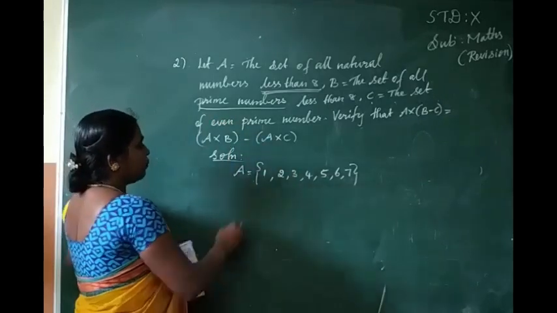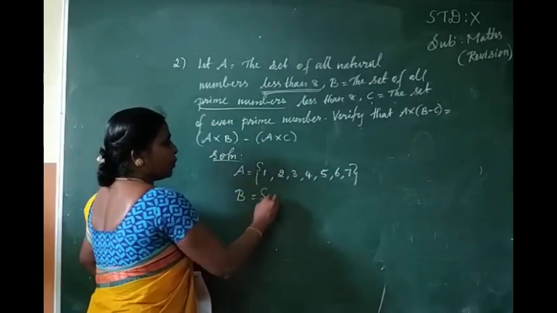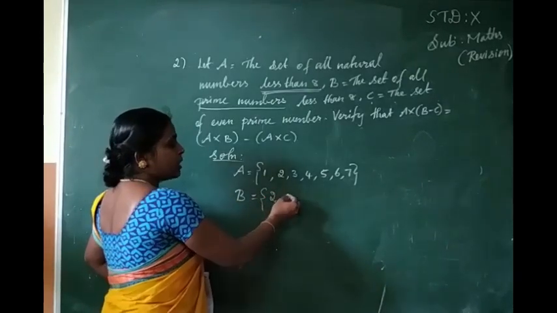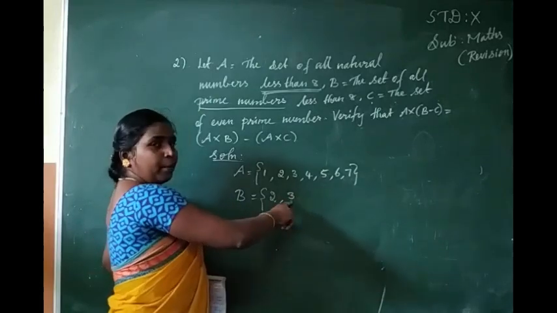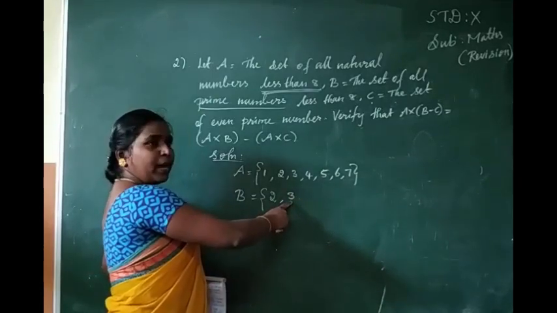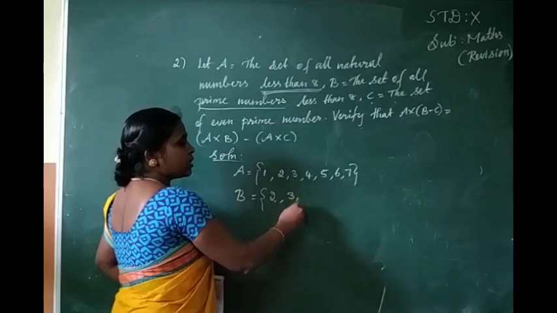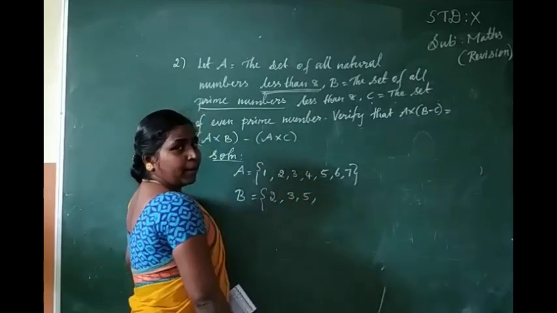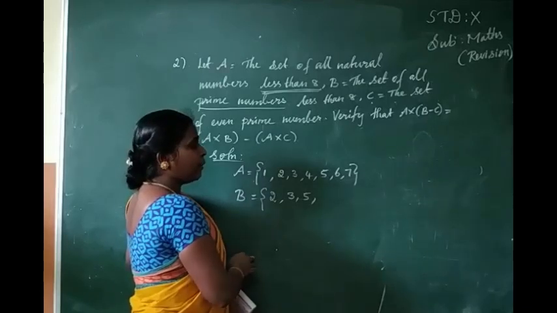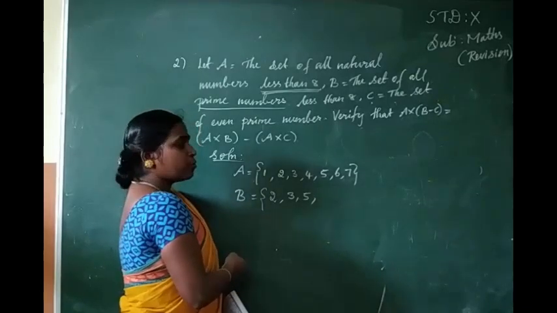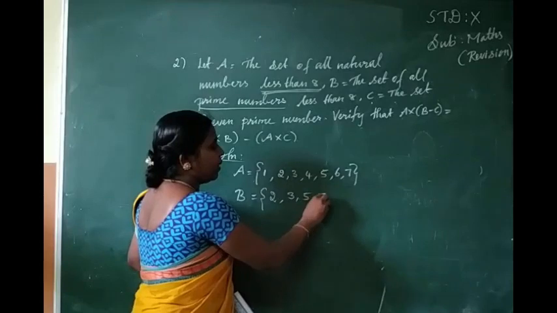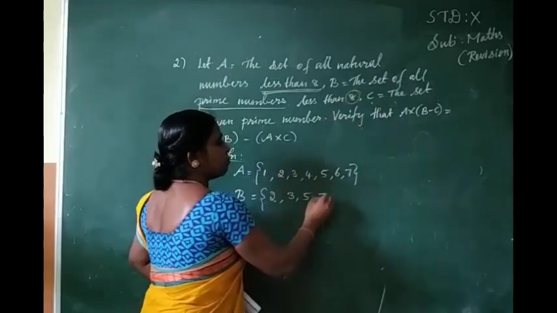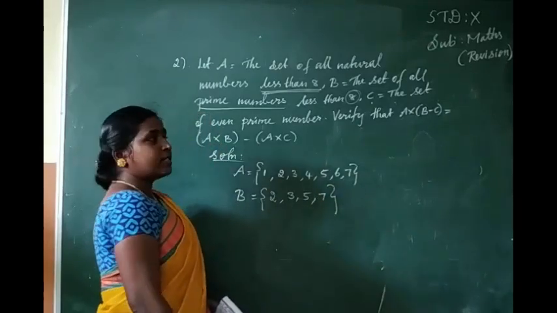B equal to: 2 is prime because it is divisible by 1 and 2. 3 is prime. 4 is not prime. 5 is prime. 6 is not prime because it is divisible by 2 and 3. 7 is prime. We need less than 8, so up to 7: 2, 3, 5, 7.